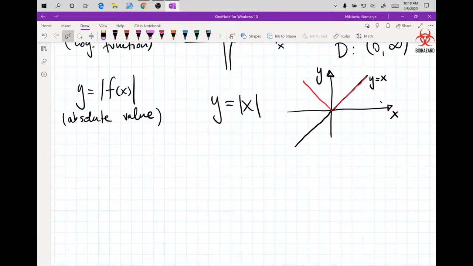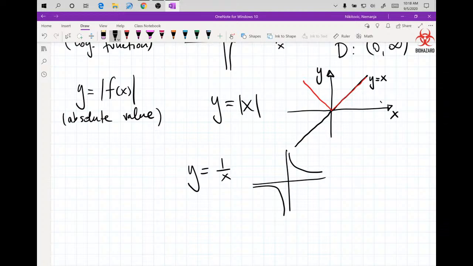So let's say y equals 1 over x. So for 1 over x, we set the graph this way. Now, if I want to put the absolute value on that, then this one stays where it is, and this one jumps up.